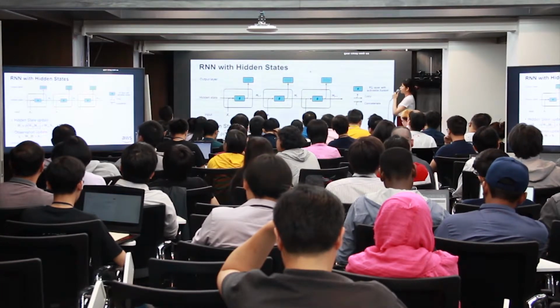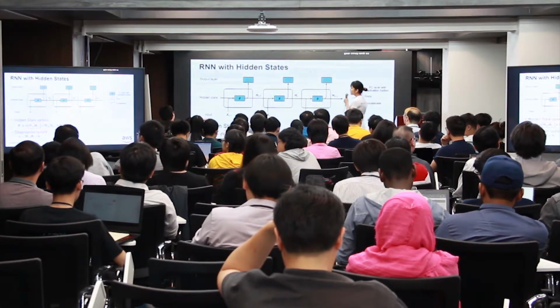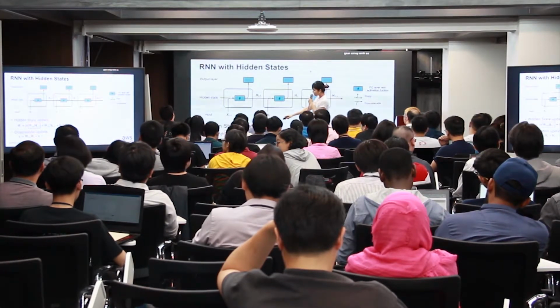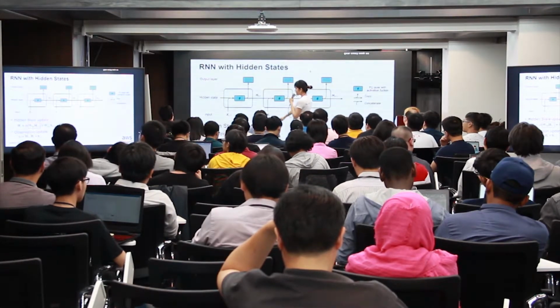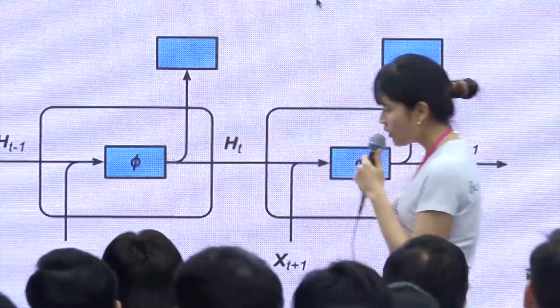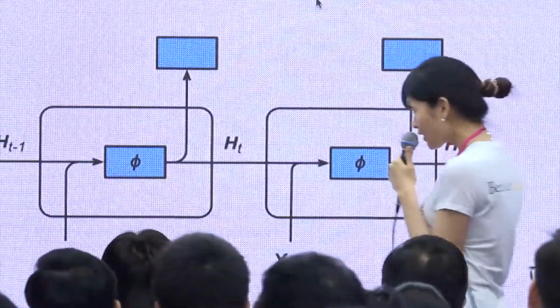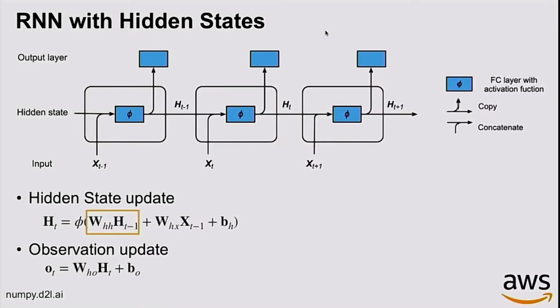So here's the formula for the basic recurrent neural network. You will see the hidden state is some activation of the weights times the previous hidden state, plus the weights times the previous x at t minus 1, plus a bias. These two weights, W_hh and W_hx, are initialized at first from a standard normal distribution, and they are initialized independently of each other.